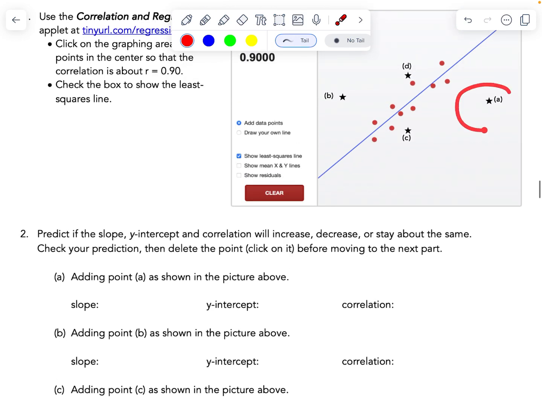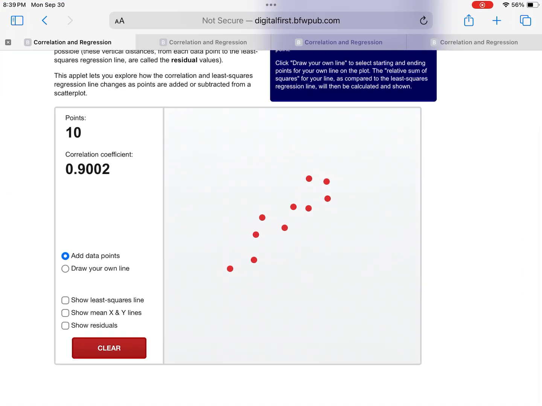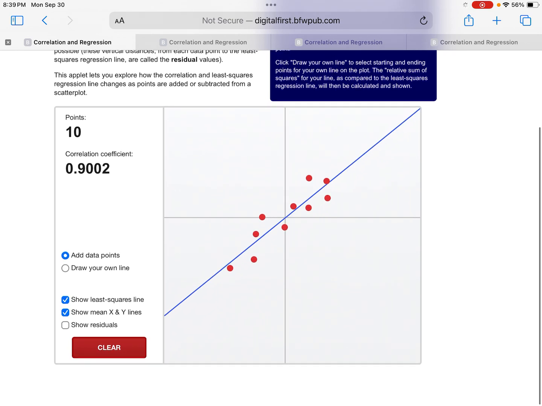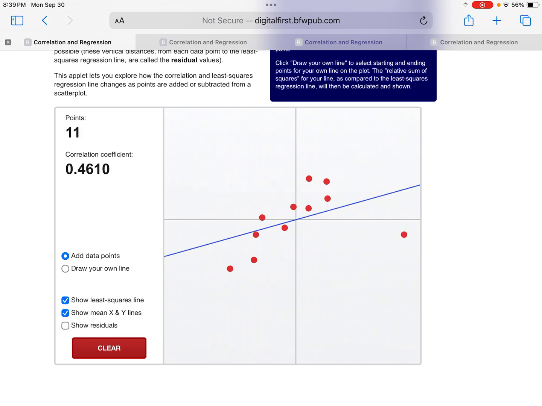Okay, so let's start with point A. So I'm going to go to my applet. Looks about like this. So here is how my least squares regression line is looking now. And I'm going to approximate about where point A would be located, about there.